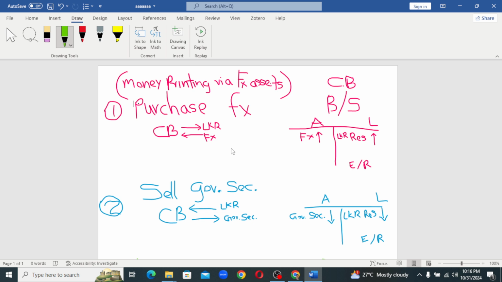However, with the introduction of the Central Bank Act in 2023, the central bank is now prohibited from printing money through purchase of government securities in the primary market to fund the government. I'll repeat it: now the central bank is prohibited from printing money to fund the government via purchase of government securities.